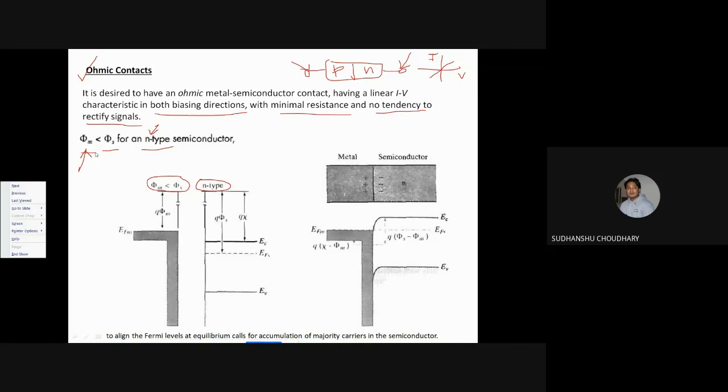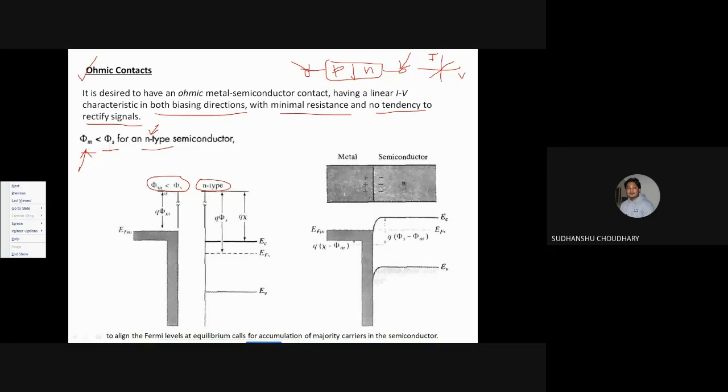So one has to remember that if it is an N-type semiconductor, then the work function of the metal has to be chosen such that it is less than the work function of the semiconductor for ohmic contacts. And if it is a P-type semiconductor, then the work function of the metal should be greater than the work function of the semiconductor.